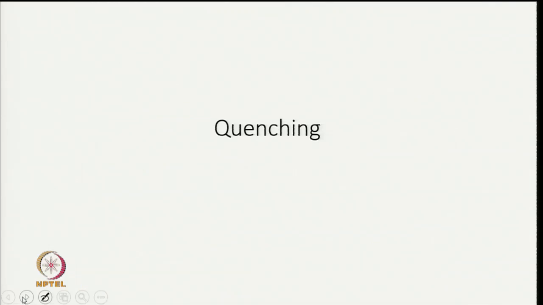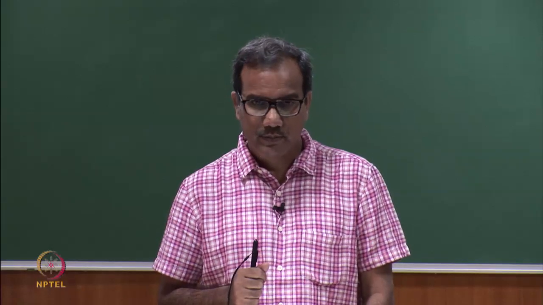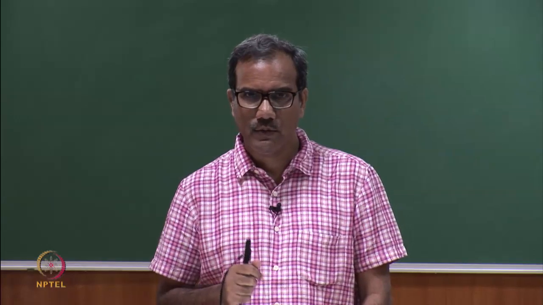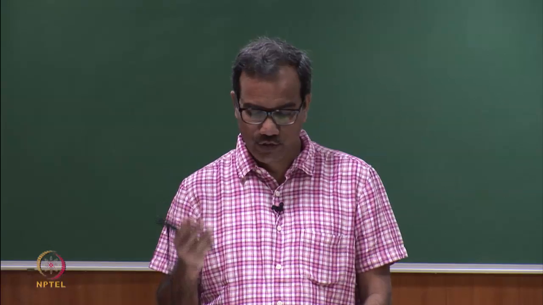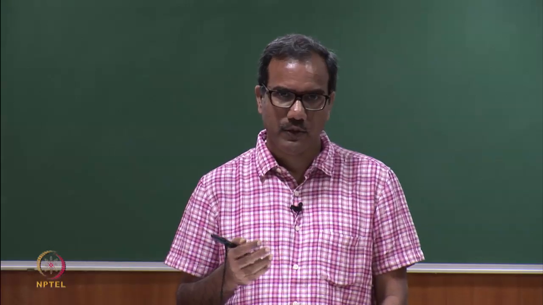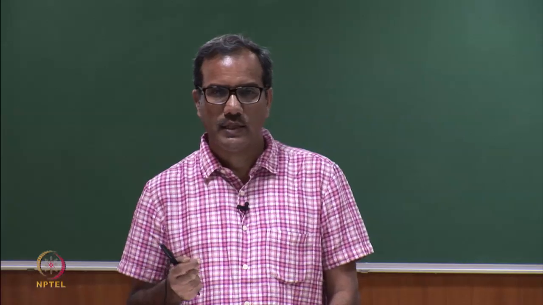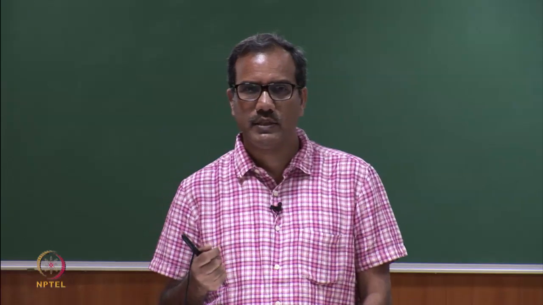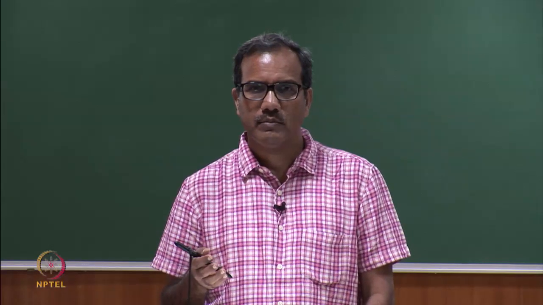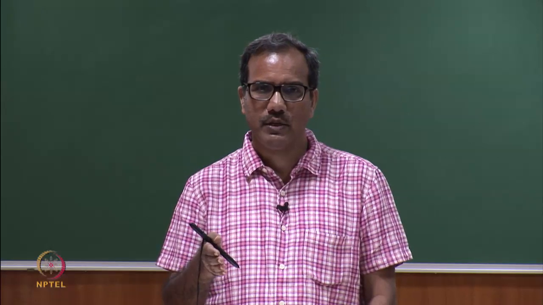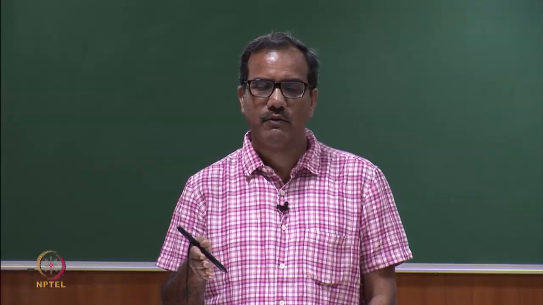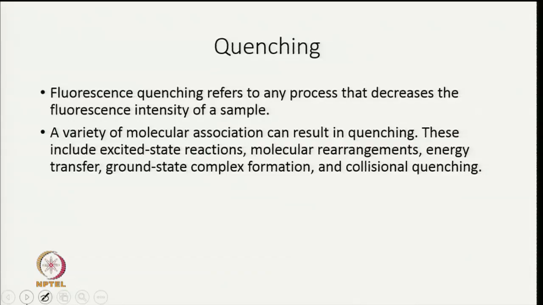So, till now we looked at the effect of solvent. Now, we will try to discuss another phenomenon called quenching, and this is particularly important when there is a different molecule in the vicinity of a fluorophore. What is quenching?